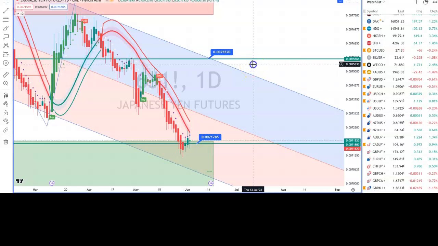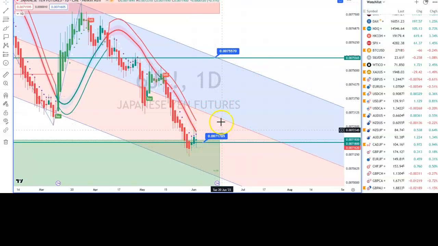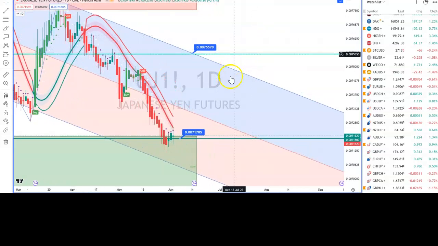So what will happen here, the price will change direction. More than likely, you can see the downtrend here clearly on the advanced pro charts, but a correction is highly likely back to 75.57. Now this being the case, if it does that, then of course as this goes up there will be some selling opportunities on the yens, and I'll give you my favorite trades at the end of the video.